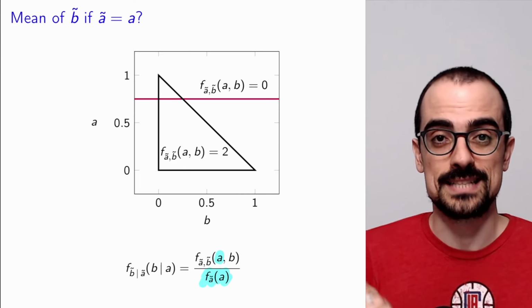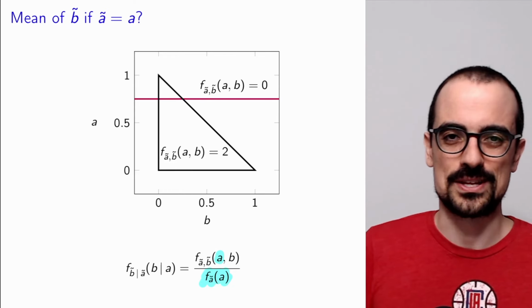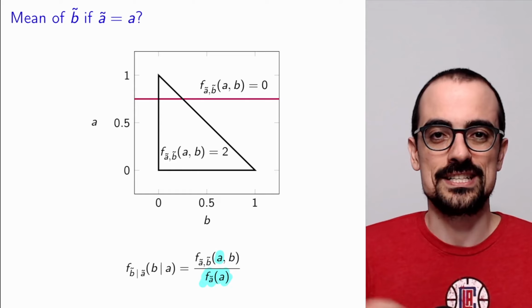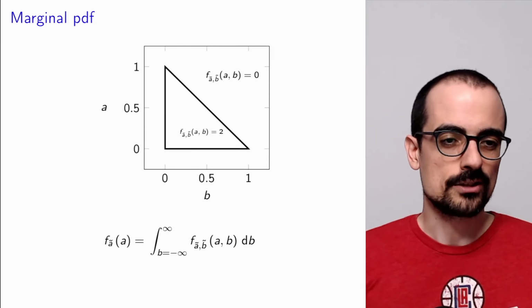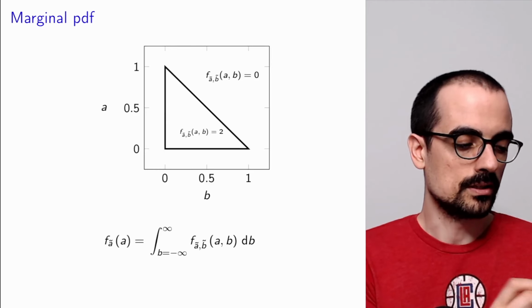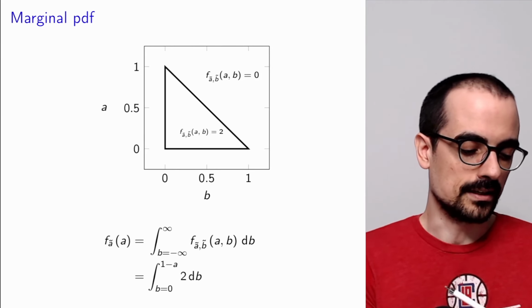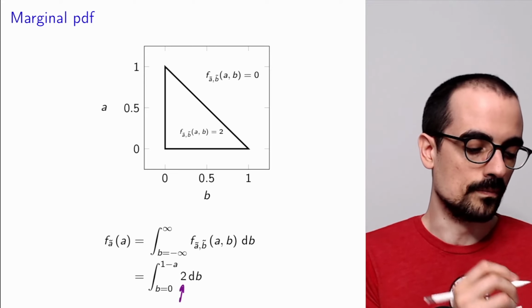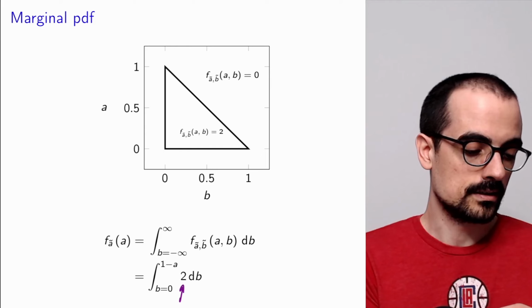How do we compute that marginal? There's another video on marginal distributions of continuous random variables, but let me tell you, we essentially just integrate with respect to B. So if we integrate with respect to B to compute the marginal density of A, in this case, we're integrating the joint PDF from 0 to 1 minus A. So just to be clear, we're integrating like this until that line.